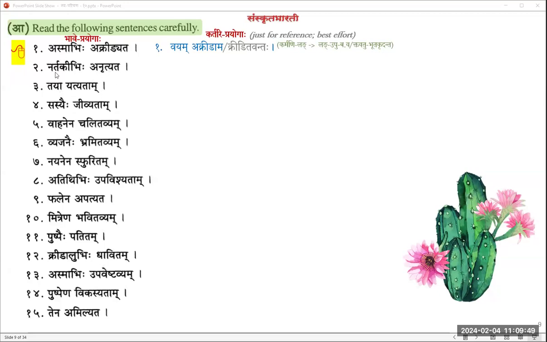Good. So Nartaki bihi anrutyata. By the dancers, it is danced. Again, nrit dhatu, I think that's called. In active voice it would have been nartakyaha anrityan, in lang pratama purusha bahuvachana. Why bahuvachana?